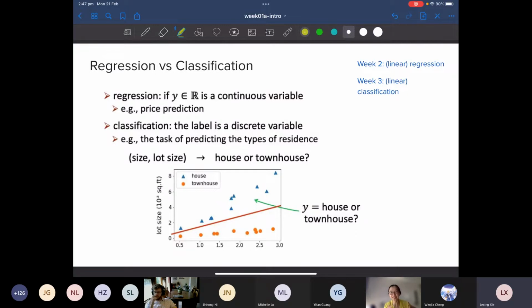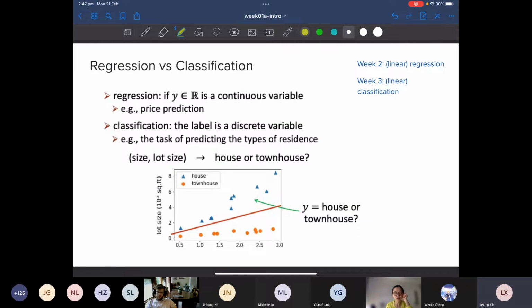In different countries, these things are, like, I guess, very different, right? So townhouses typically may be smaller and have a smaller land that belongs to it, and so on. So therefore, they split into these classes: triangles, or blue triangles, and orange circles.